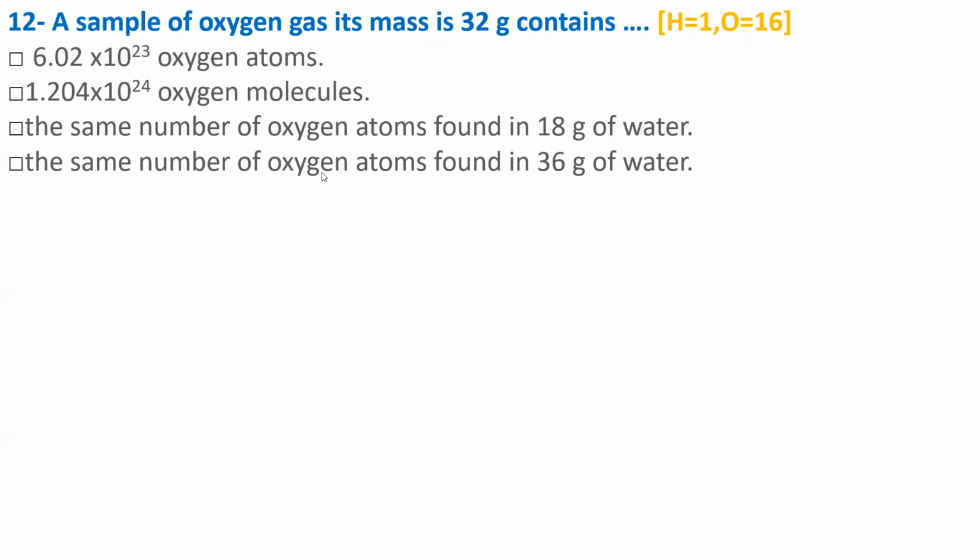The same number of oxygen atoms is found in 36 gram of water, where we have 2. So this sample of gas contains the same number of oxygen atoms as in 36 of water, as it has two oxygen atoms per molecule.